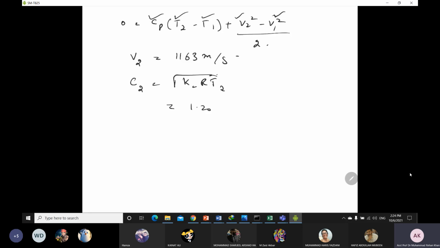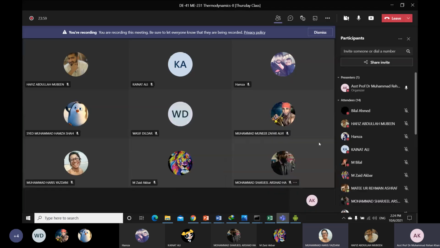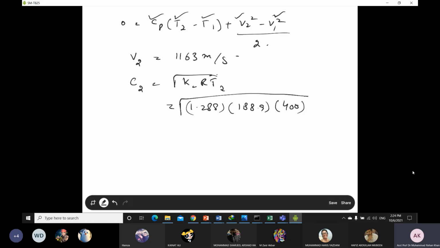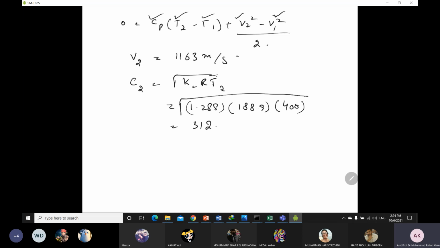So 1.288, the gas constant is 188.9, and then this is 400 Kelvin. So here we get the value of C2, which is 312 meters per second.